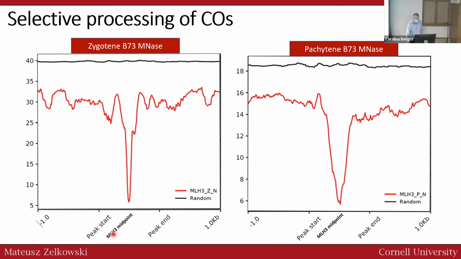Here we have the binding site of MLH3 in zygotene, which is narrower than in pachytene, saying that we have some kind of selection pressure toward more relaxed chromatin, less saturated with nucleosomes at this position.